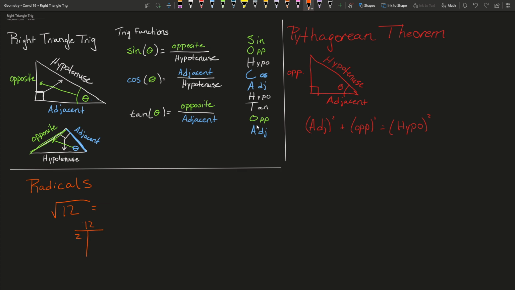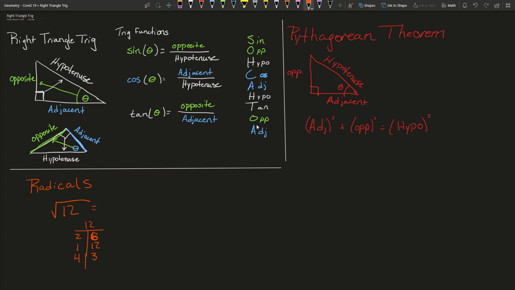There's 2 and 6, 1 and 12, and 4 and 3, right? We have to look at those factors and determine which one has a perfect square. And a perfect square is something that can be gotten by multiplying something by itself, right?